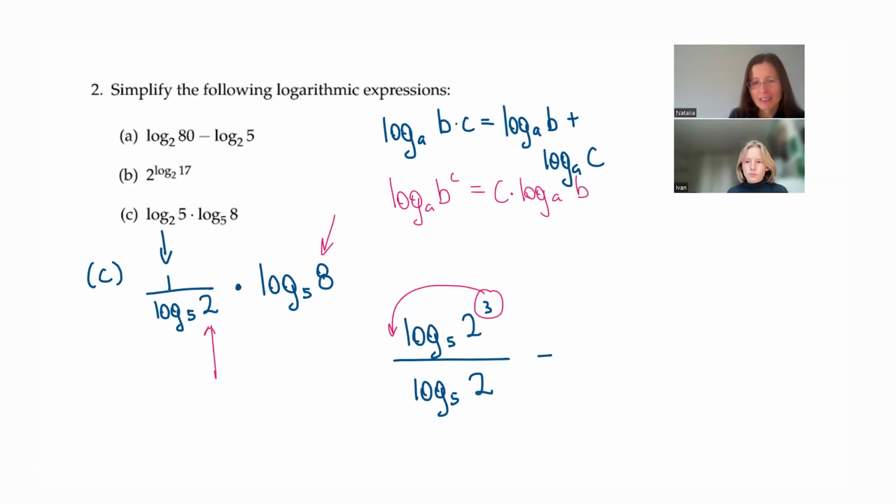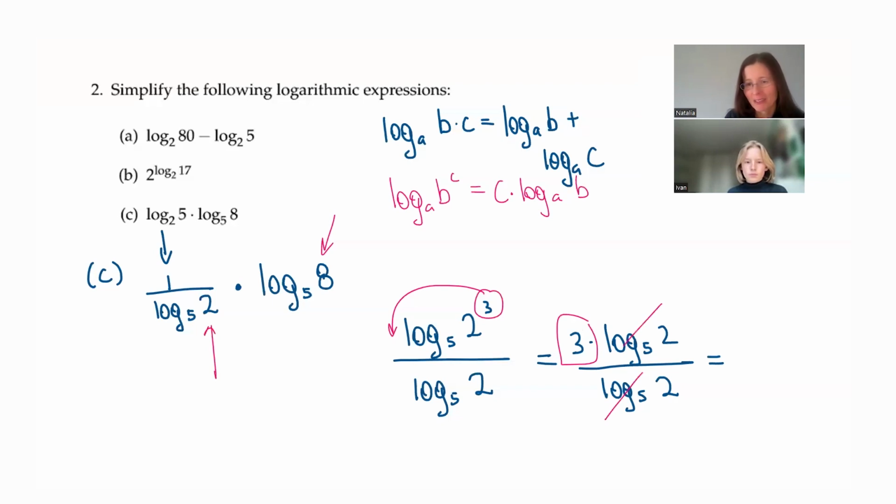It will be 3 times log 5 of 2 over log 5 of 2. All right, and finally? Then the log 5 of 2 cancels out, and we'll just have 3. And then 3 will be our final answer. All right.